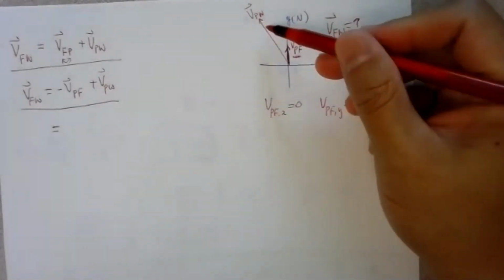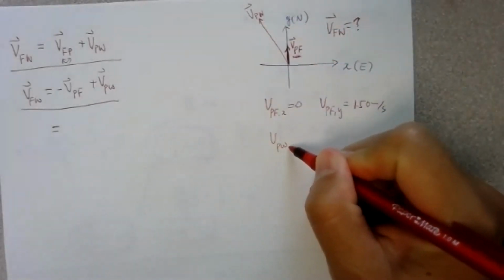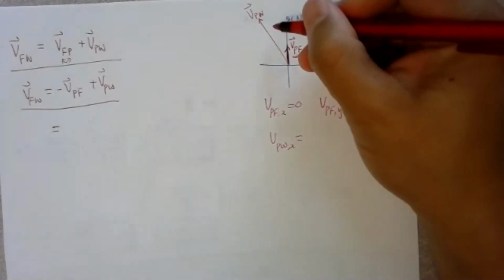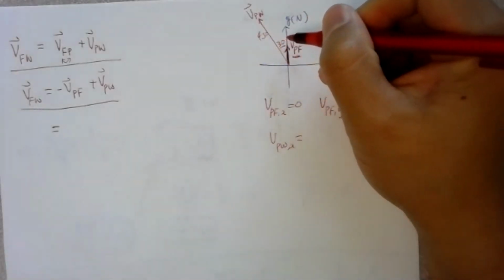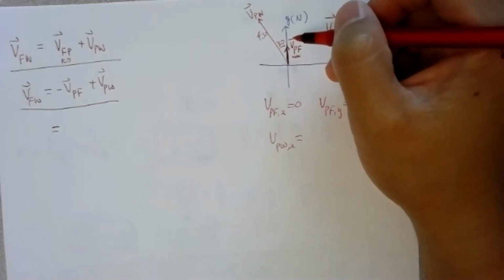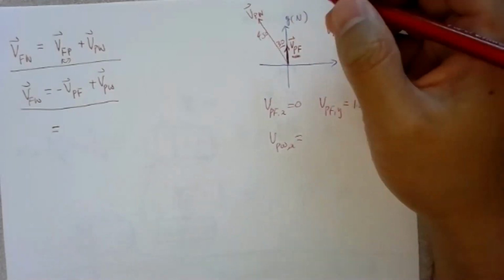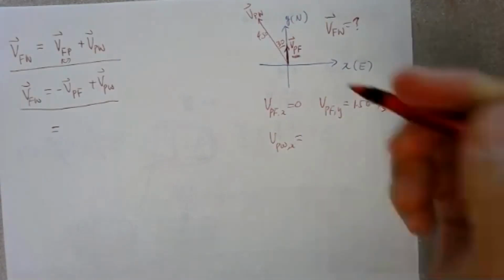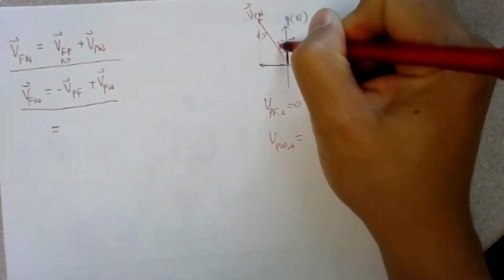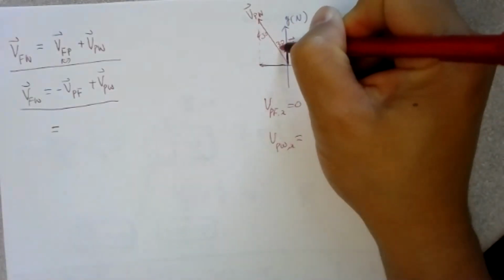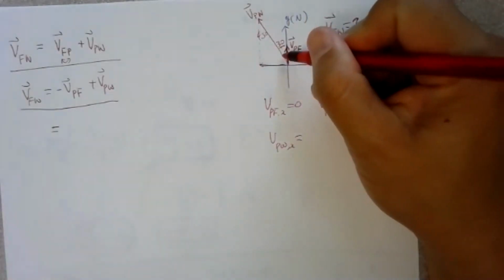Now on this one here, the magnitude is 4.5 meters per second, and this is 30 degrees. If this is 30 here, you can use the 30, or you can use the directional angle of 120.